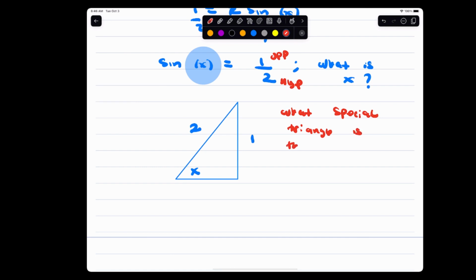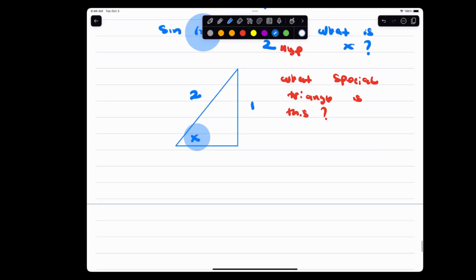There's only 2 special triangles. Do you guys remember that? If you don't know what that is, find this adjacent side. You know what you're going to find? The adjacent side by the Pythagorean theorem is square root of 3. So, what special triangle is that?